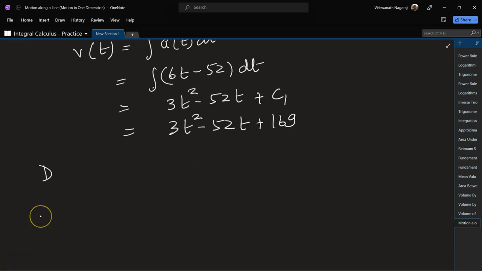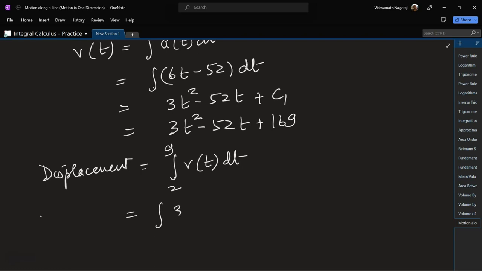Okay. So displacement is equal to the integral of V of t dt from 2 to 9, which gives us the integral of 3t square minus 52t plus 169 dt from 2 to 9.